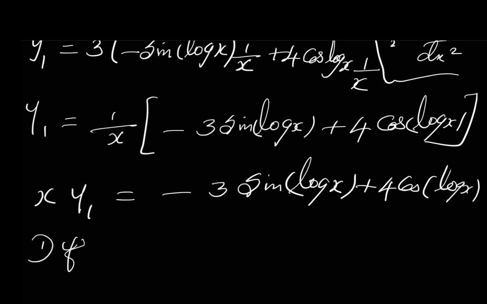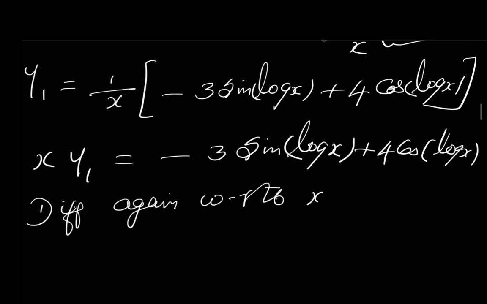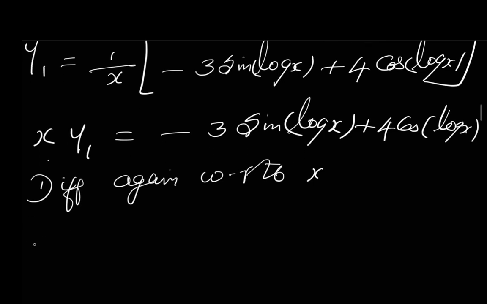Now differentiate again with respect to x. You have to apply the UV method here, x and y1, two variables. Keep x constant, differentiate y1, so you will get y2. Derivative of dy by dx is d squared y by dx squared, y2.